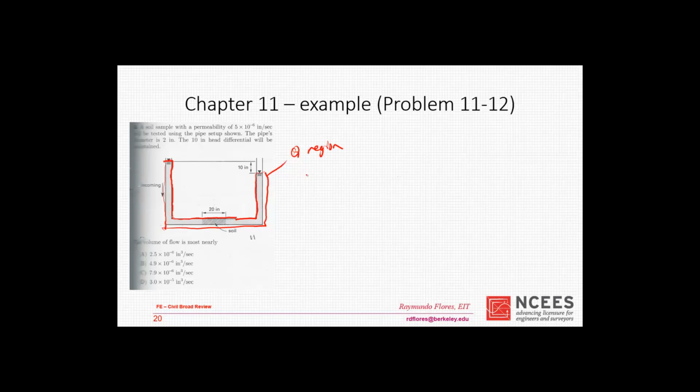Because this is our Q region, you would say, well, let's use Darcy's law, K A dH/dx. Now that we've defined this, there's no confusion that we're looking at this portion somewhere in this region. The volume of flow will be maintained.